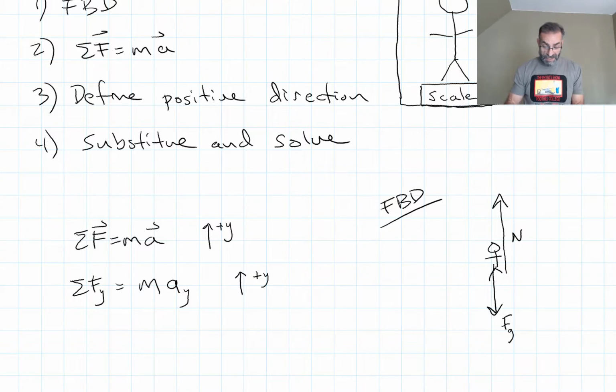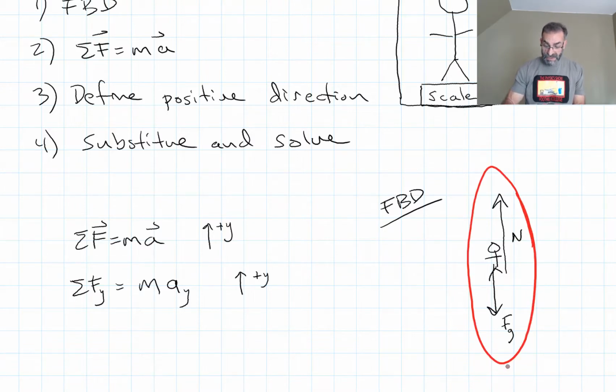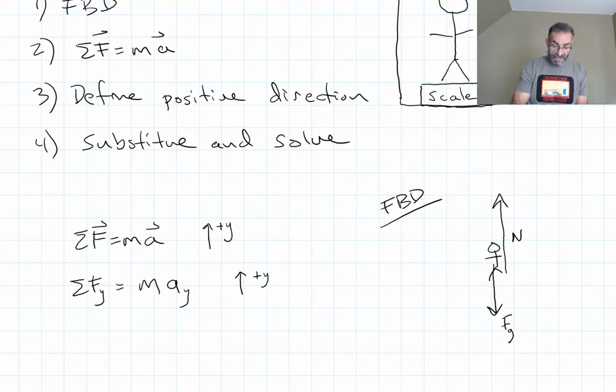Now when I look at my free body diagram, this is very helpful. I know that I have two forces in the y direction. One is pointing in the positive y direction, one is pointing in the negative y direction. So I take into account my signs now. I'm adding up all my forces in the y direction.